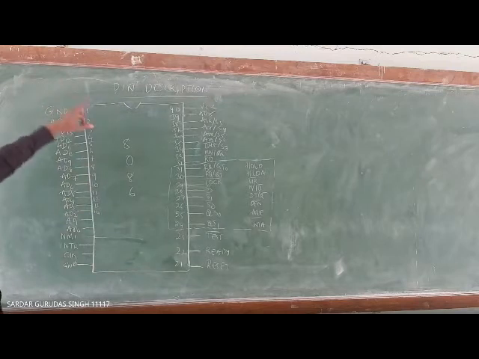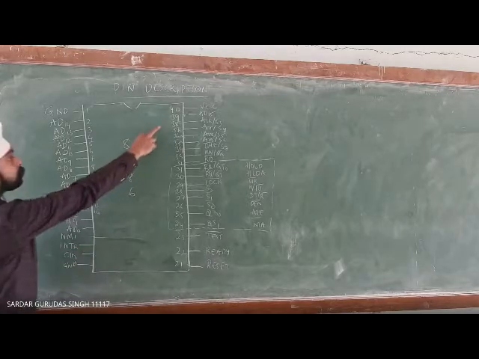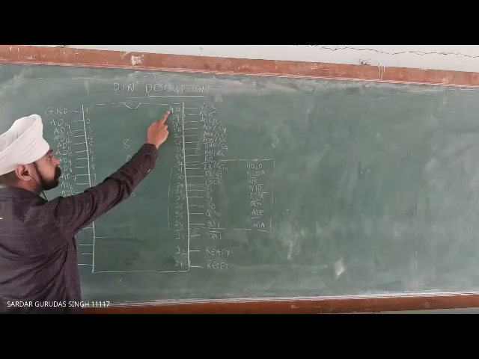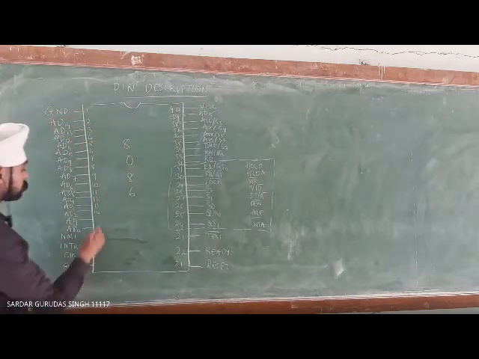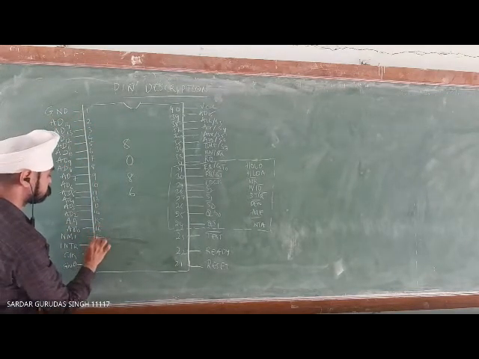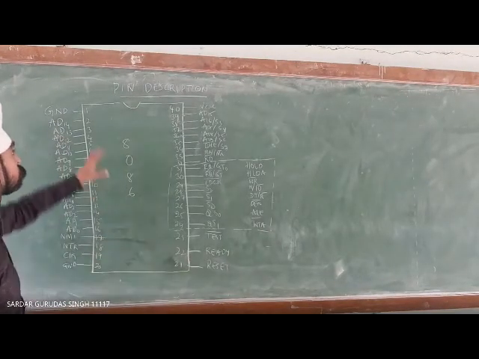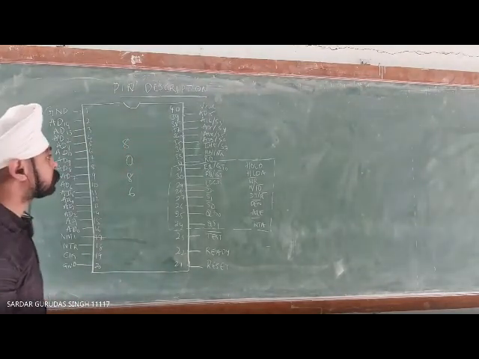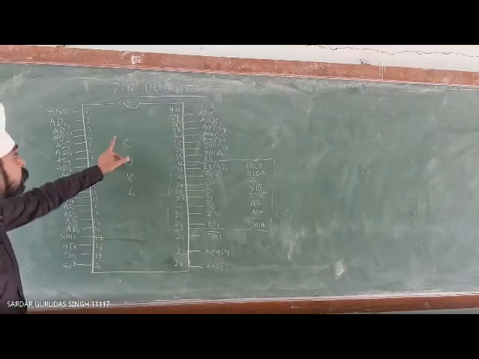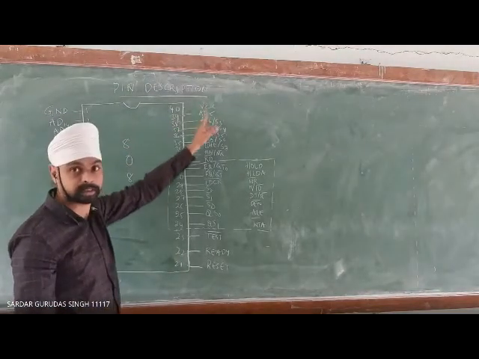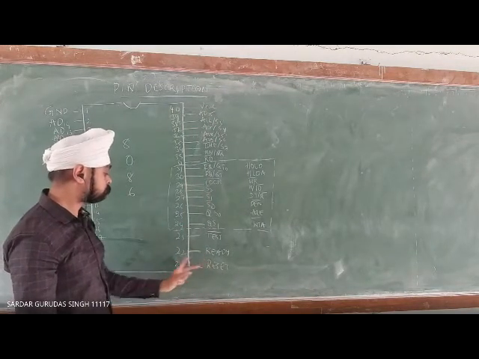You can see in the pin description diagram that there are a total of 40 pins, numbered from 1 to 40. So in total there are 40 pins in your 8086, and their names are given on the right side. These are the names of the pins.